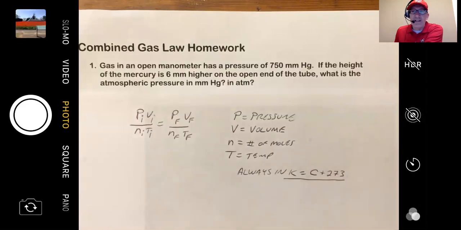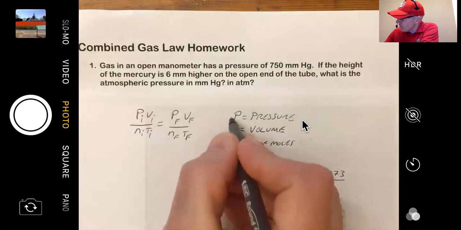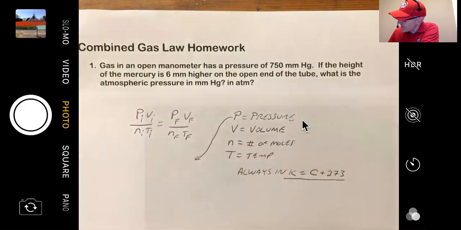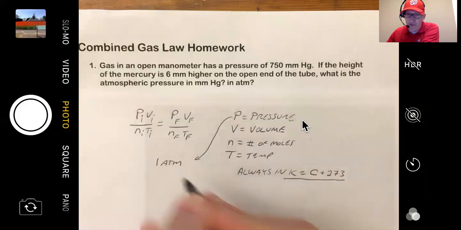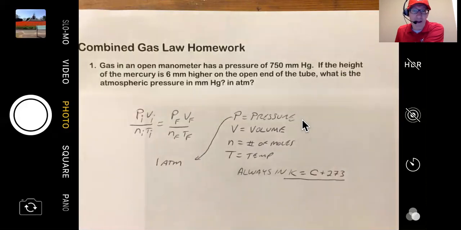Now, one thing that I don't know was necessarily emphasized, and then we'll get into the problems. There are actually 4 units for pressure that I want you familiar with. Pressure comes in lots of different flavors, lots of different units. The simplest is 1 atm, 1 atmosphere. That's how much pressure we're experiencing right now because above us is 1 atmosphere of pressure.